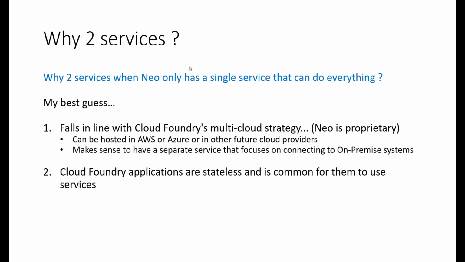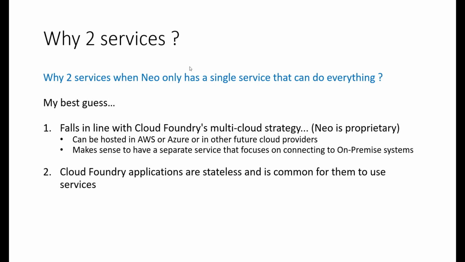Neo is SAP proprietary, so we had full control of how we could connect to the backend systems and all of that good stuff. But with the SAP Cloud Foundry environment, this can be hosted in AWS, Azure, or any other cloud provider for that matter. So it makes sense to have a separate service that focuses on just connecting to on-premise systems because of some nuance, like there may be some differences in the different cloud providers. So that is my best guess.